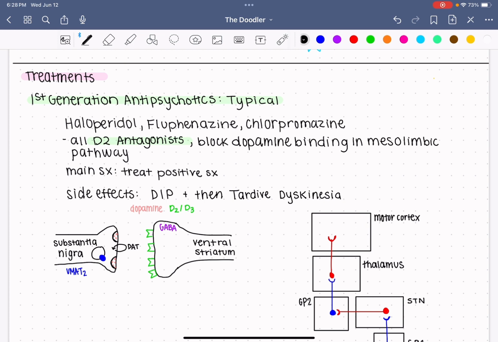Anyway, so all of these guys are D2 antagonists, and an antagonist is something that when it binds to a receptor, it basically prevents the actions of the agonist. It does not mean that it blocks all constitutive action. That's an inverse agonist. An antagonist is also sometimes called a silent antagonist because it basically just brings the neuron back down to its baseline constitutive action level.